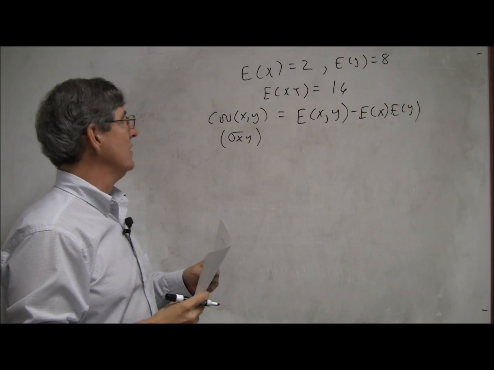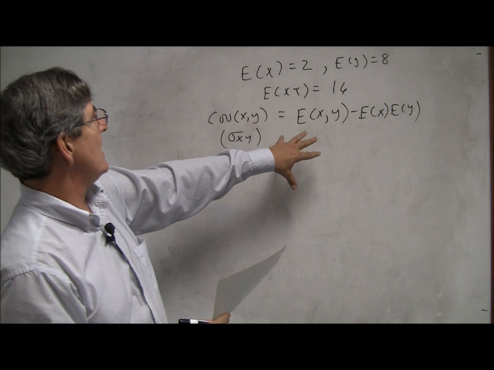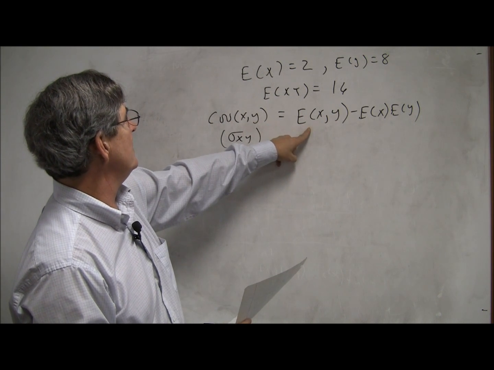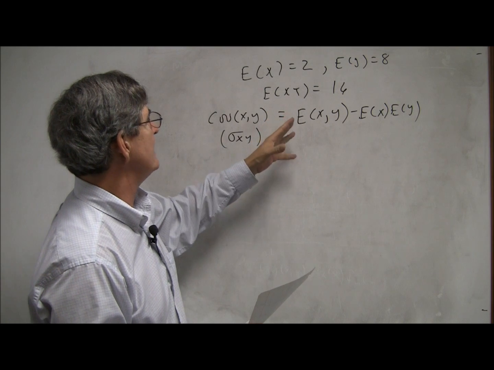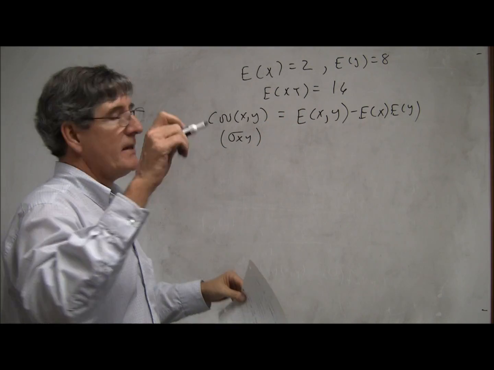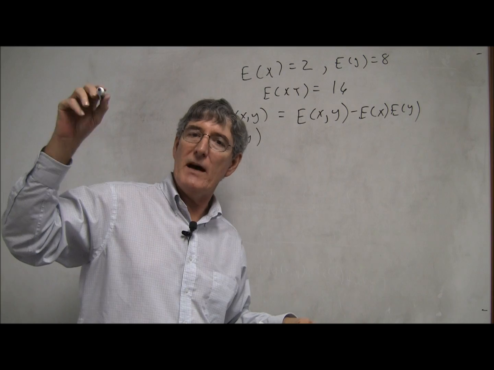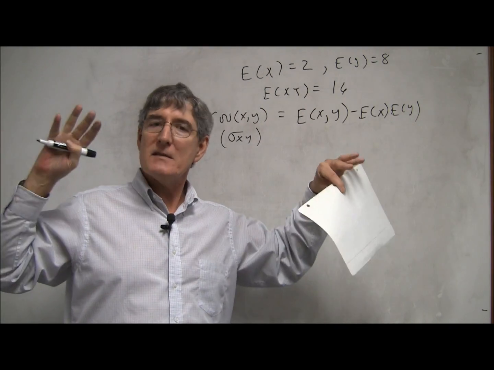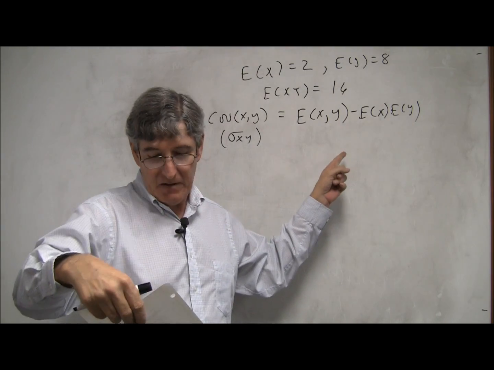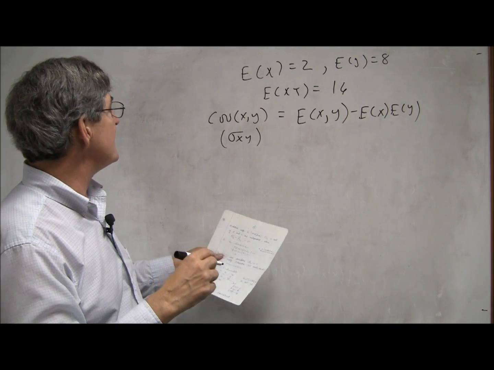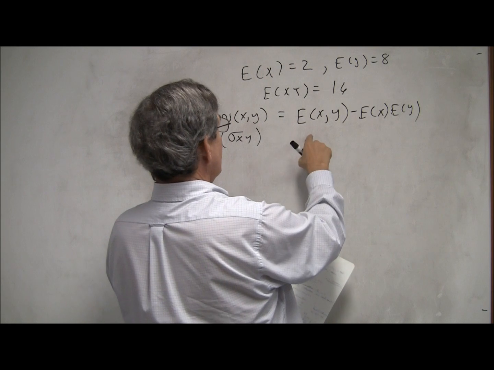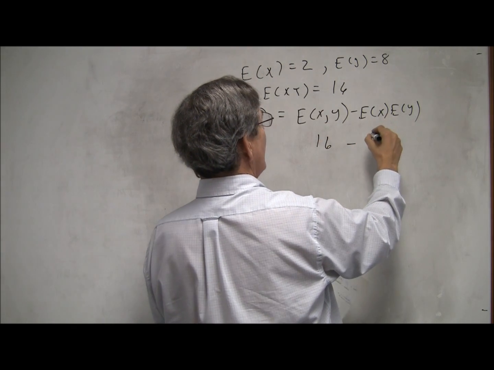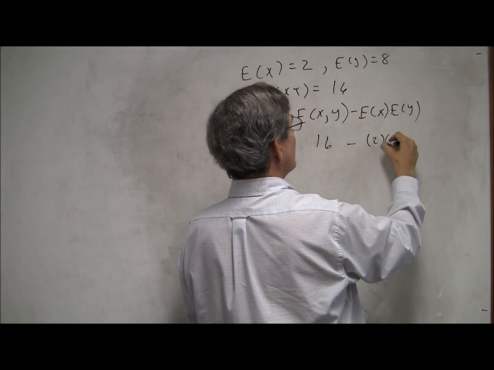That's something you should have learned in your statistics and probability classes. So this is just a formula you can use to find this. And it's pretty easy to show this is true. You take the expected value of x minus mu of x times y minus mu of y, the original definition. You multiply it out, some things cancel, and you're left with this. So in this case, the expected value of xy is 16 minus 2 times 8.